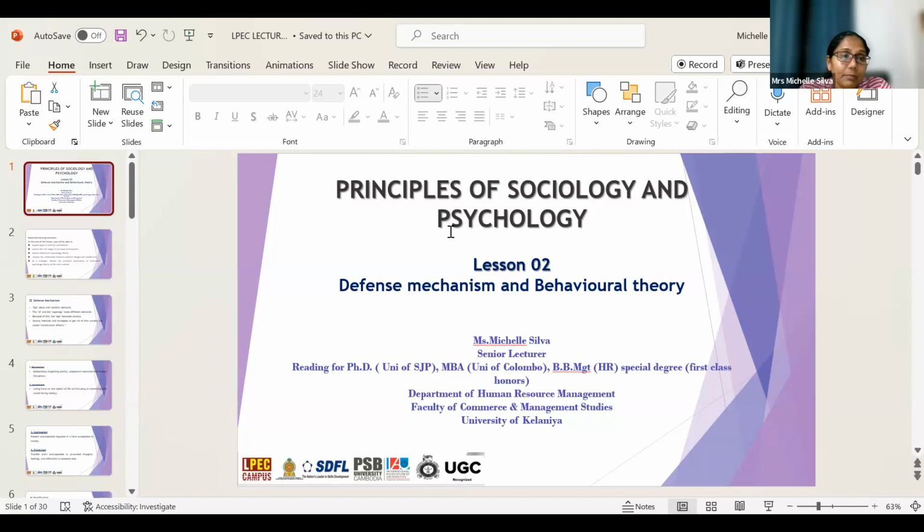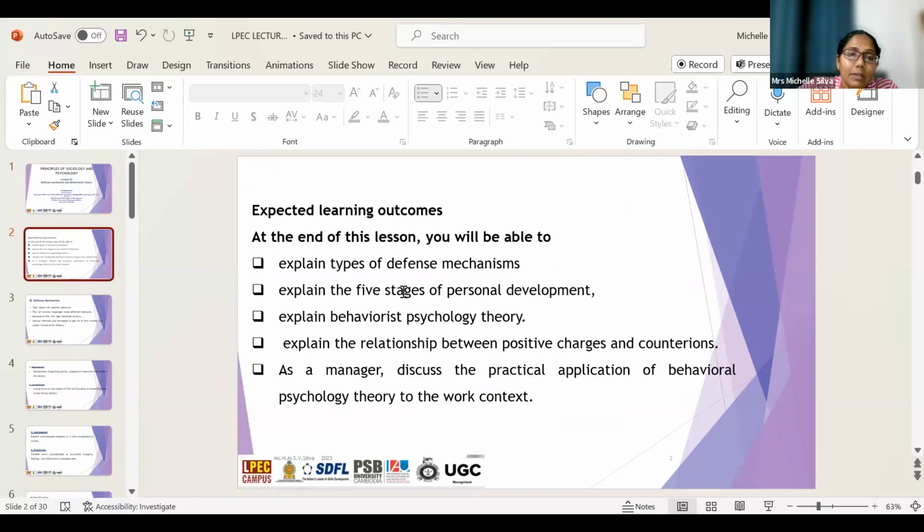Okay, so let's revisit the expected learning outcomes. Initially I explained the defense mechanisms and why they should be used, because of the imbalance between id and superego. I explained 9 defense mechanisms which are unconsciously used by a person to balance the different demands of id and superego.